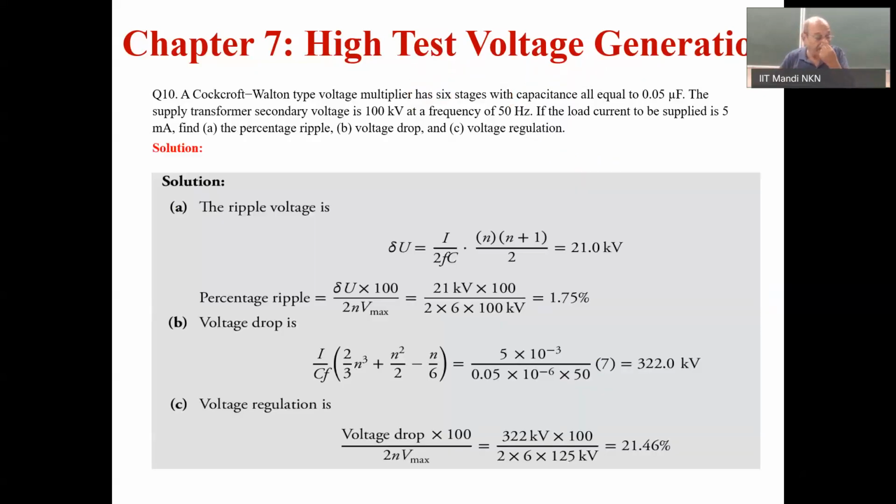So now you can open your video once again, and as you can see here, this delta U equation is slightly different for a multi-stage generator, and this is here n into n plus 1 upon 2. So here n is equal to 6 has been taken into consideration. So the ripple voltage is of the order of 21 kV.